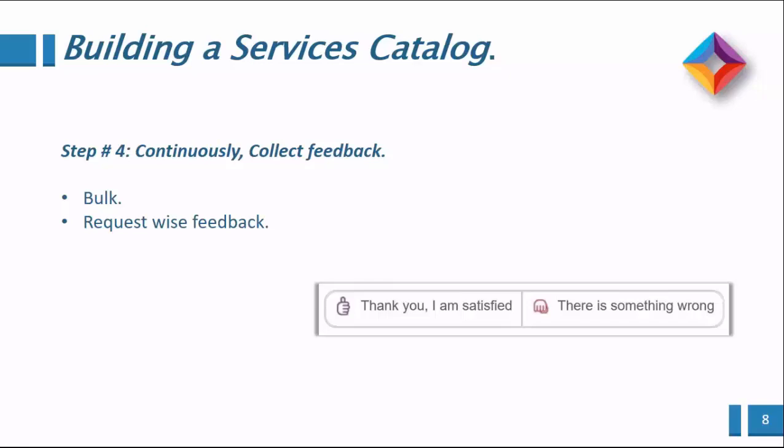The other way of doing this is to collect feedback request-wise. On every request we collect feedback, so that we come to understand that, okay, it's fair, there are hundreds of good feedbacks on this request or this service or this team member, or the entire team, it reflects the entire team.